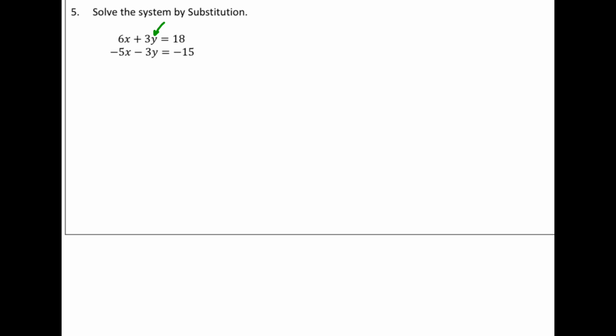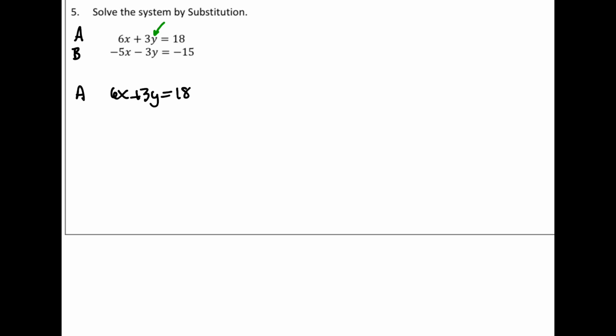Okay, so let's solve the first one, equation A, for y. Okay, so A, 6x plus 3y equals 18. And solving it for y.